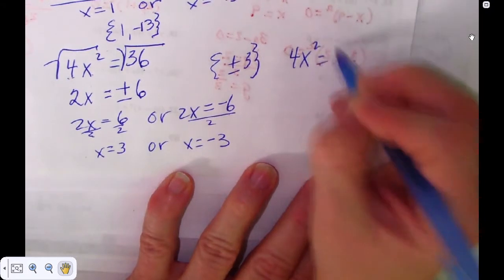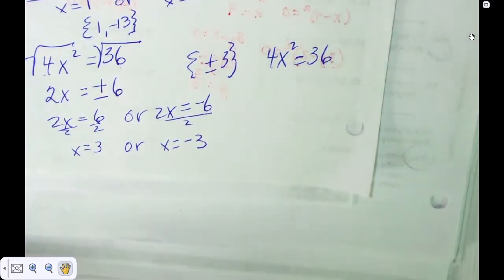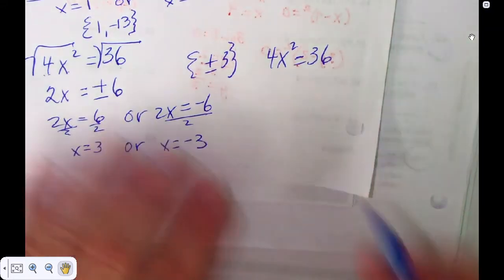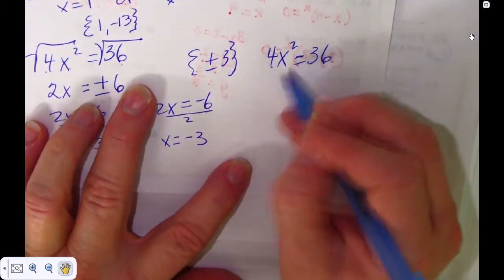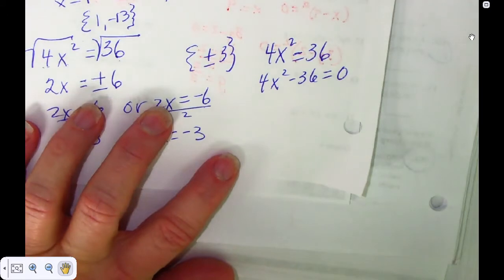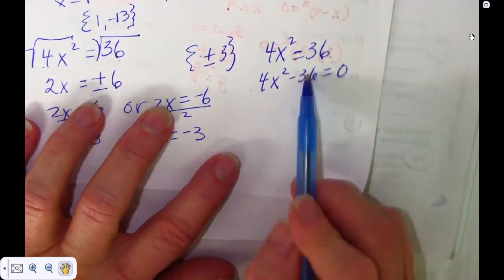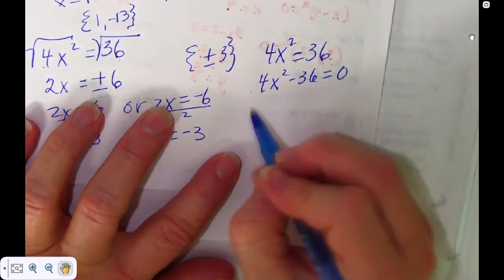Okay? Now, come over here and write it again. Well, let's go back and do it the way we learned, setting it up equal to 0. If you subtract, you're going to get 4x squared minus 36 equals 0. What can I cancel out? Factor out 4.